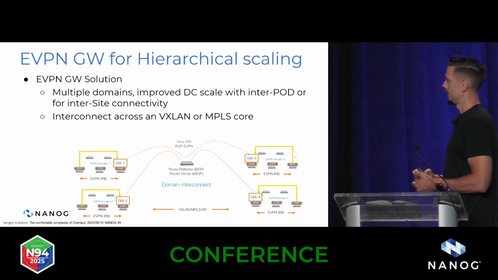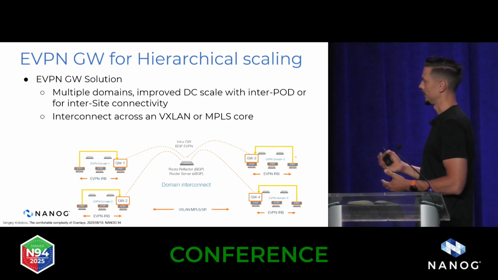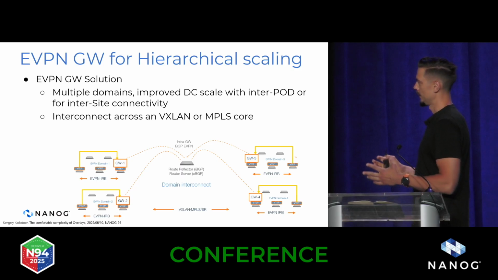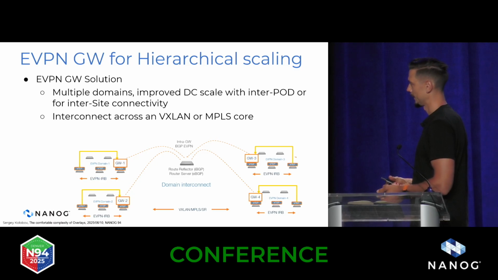We can just know how to reach it, and the next hop for it would be our gateway in the local EVPN domain, which will significantly reduce TCAM utilization and software RAM utilization on your VTEPs, and you can build larger deployments in more controlled environments as well.